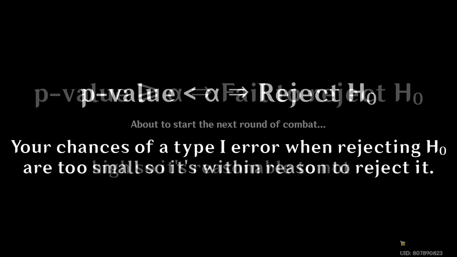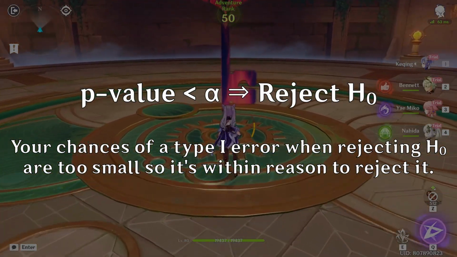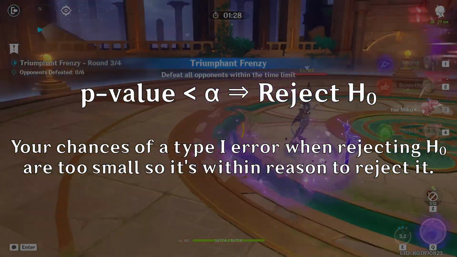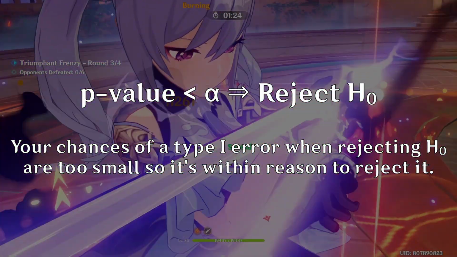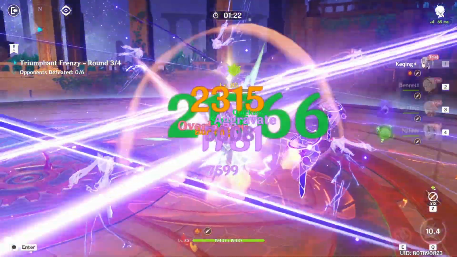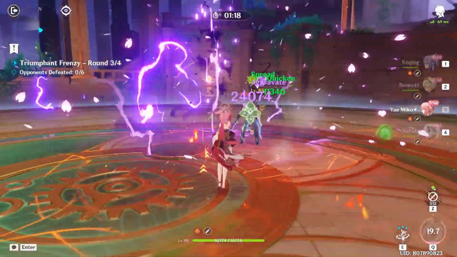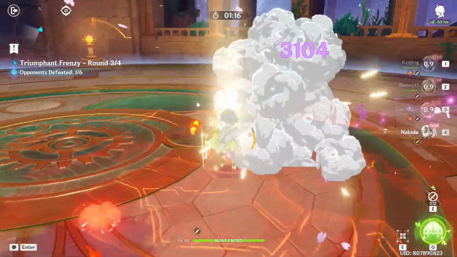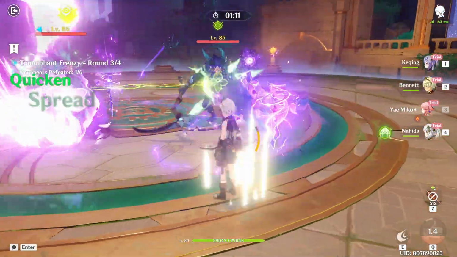On the other hand, if your data suggests that the probability of a type 1 error is less than alpha, it's likely you won't commit a type 1 error when rejecting the null hypothesis. In short, the significance level can be interpreted as the threshold probability where if the p-value is smaller than it, there's statistically significant evidence to reasonably reject H0.